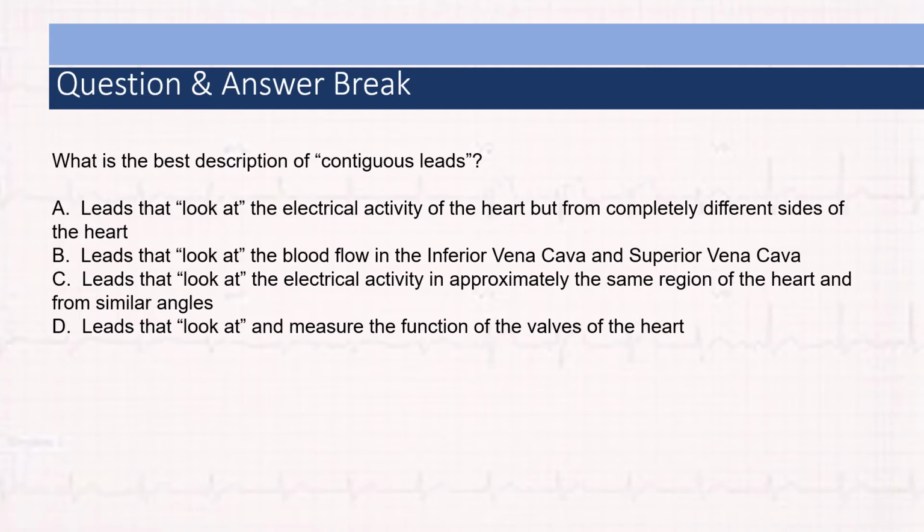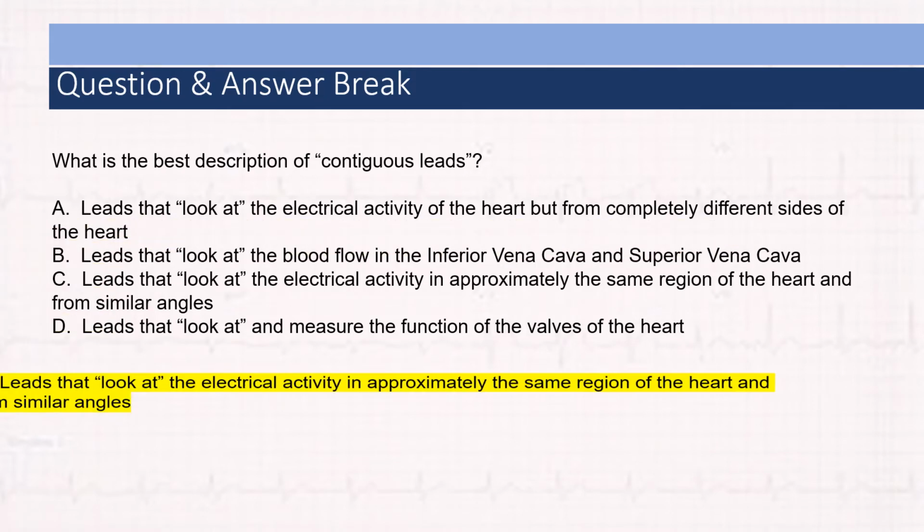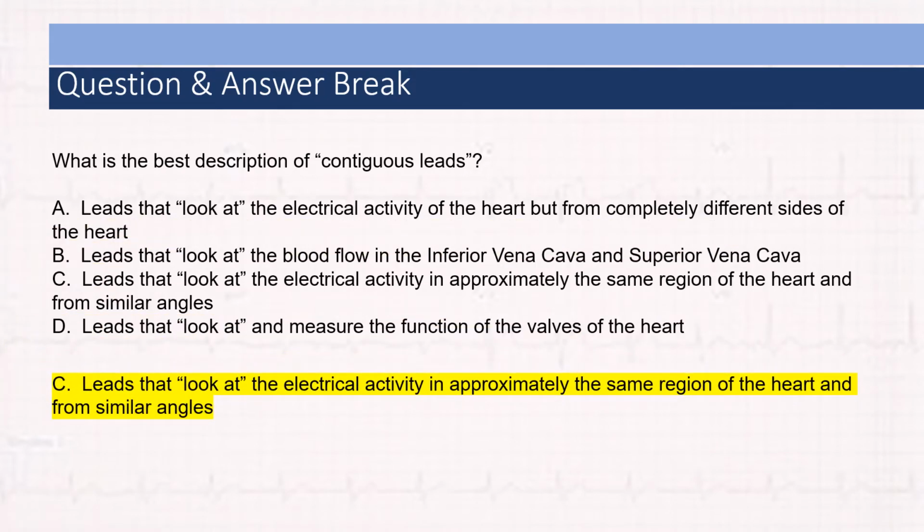D, leads that look at and measure the function of the valves of the heart. The answer is C. If you can figure out where the camera lies, you will understand the concept of contiguous leads.